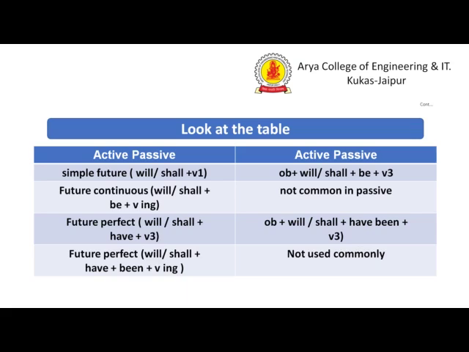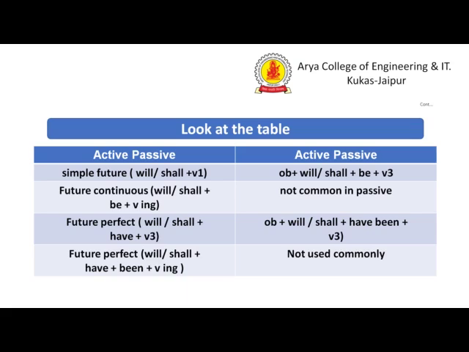Now the future perfect. First of all we will see the rule: object plus will/shall plus have been plus verb's third form.